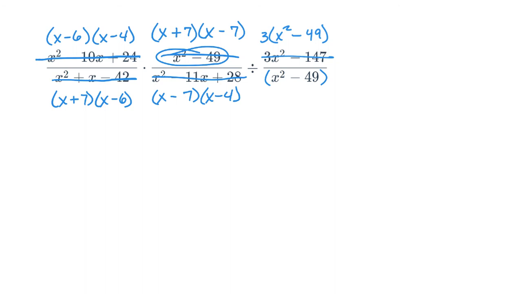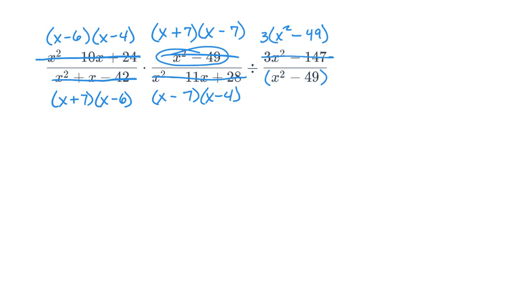Now, I do need to factor this out just to state excluded values. So I'll do this in a different color actually, because I'm going to put it right back when I'm done, because I have an excluded value to take care of, but those things are going to cancel one another.